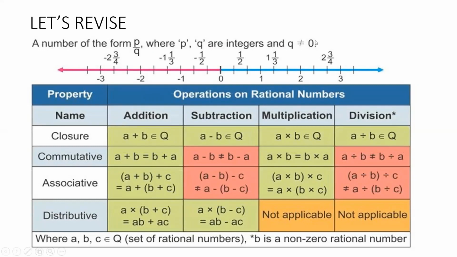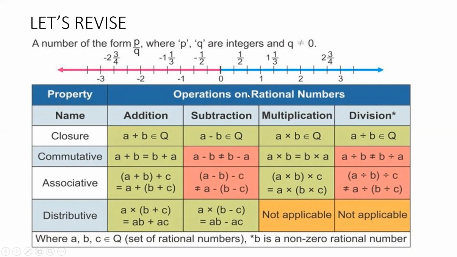Students, this is a very important condition in the definition of rational numbers. Please keep in mind. Next, we have studied closure property, commutative property, associative property, and distributive properties for different operations on rational numbers.